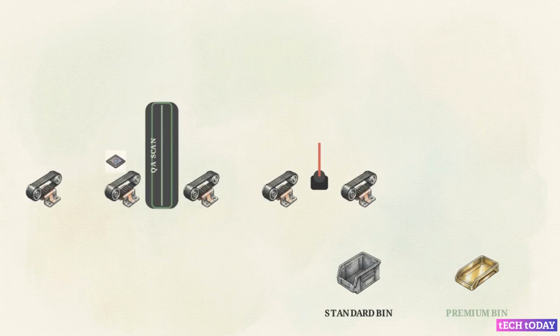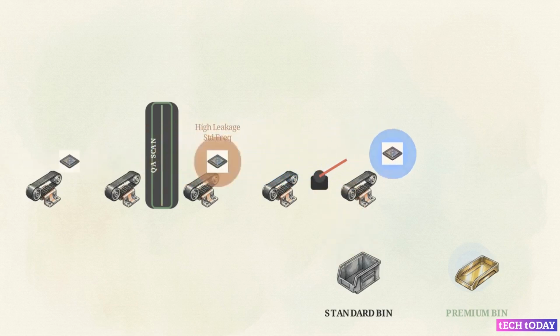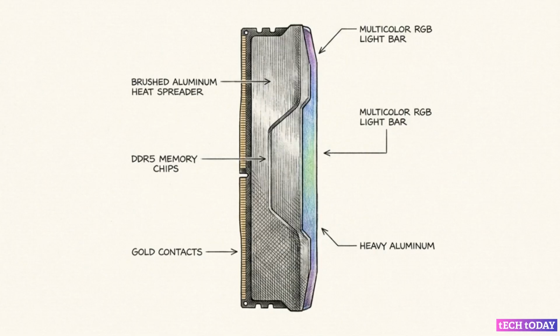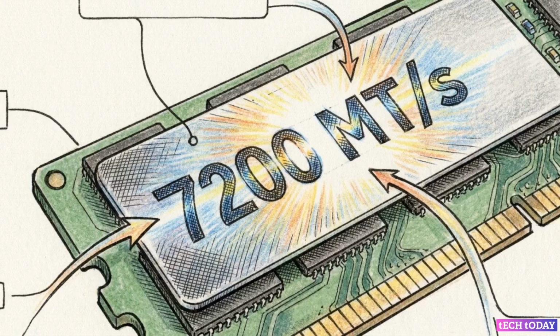Chips that tolerate high voltages and aggressive clock speeds without leaking current are sorted into premium bins. Chips with higher leakage or slower switching times fall into standard bins. When you buy a high-performance memory kit, you are paying for the highest bin silicon. Advertised speeds are a direct physical reflection of that silicon's electromagnetic purity.